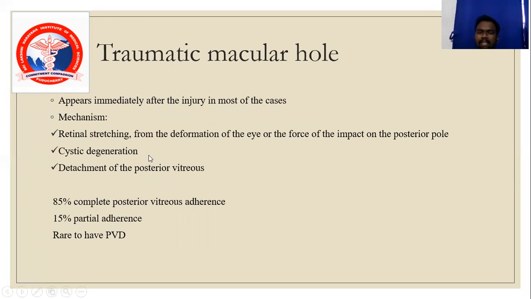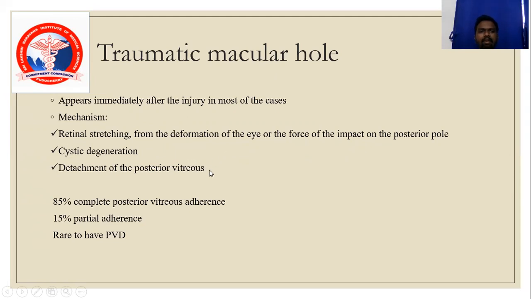Yeah, the mechanisms are almost similar to those patients with an idiopathic macular hole. However, the extra mechanism that occurs in a patient with traumatic macular hole is nothing but the presence of retinal stretching from deformation of the eye or force of the impact on the posterior pole, which in turn can lead to a macular hole.